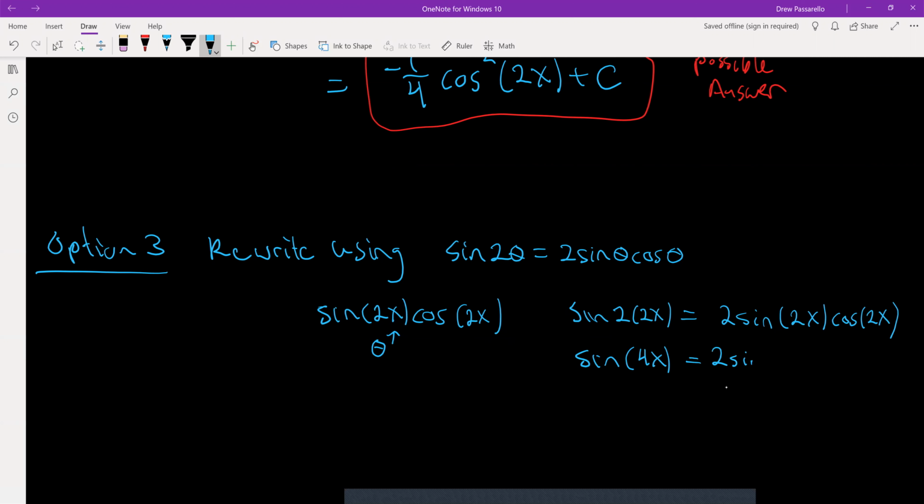The problem only has sine of 2x cosine of 2x, so I said to divide by 2. So you get 1/2 sine of 4x.